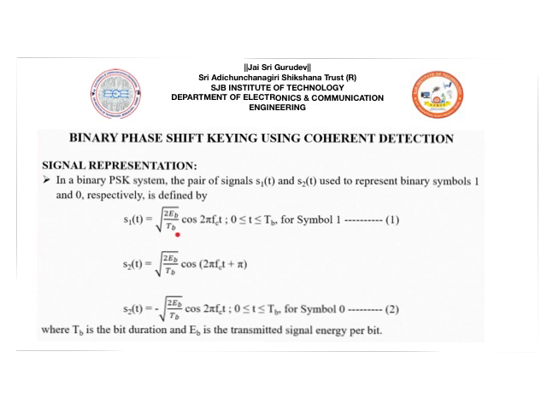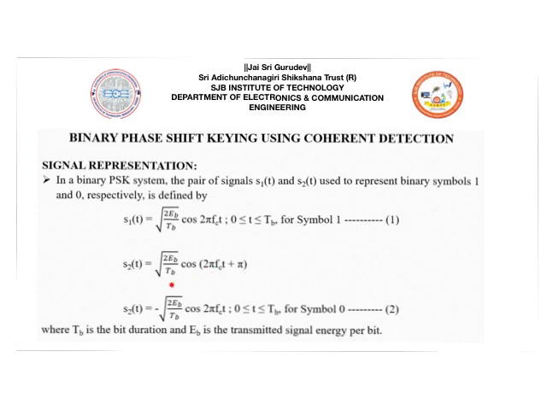Accordingly, we can write the expression for S1 of t and S2 of t now. For symbol 1, S1 of t can be written as square root of 2 Eb by Tb, which is the representation for the amplitude in terms of energy, multiplied with cos of 2 pi fct. The t value ranges from 0 to capital Tb, which is the symbol duration. Similarly, S2 of t will be the signal that is used to represent the binary symbol 0. For binary symbol 0, there is a phase shift of pi radians.